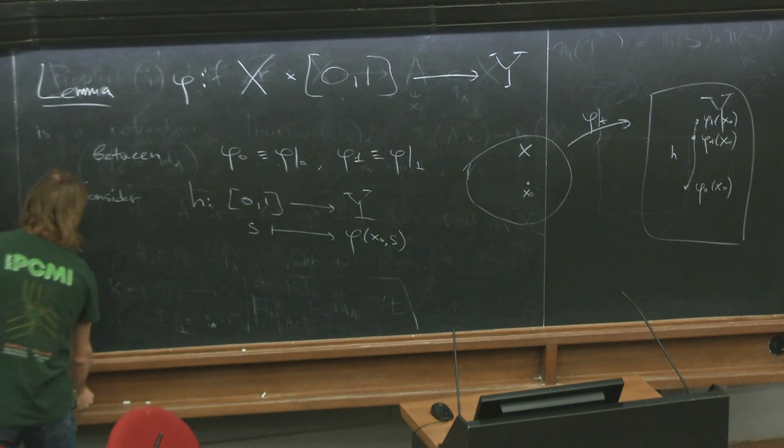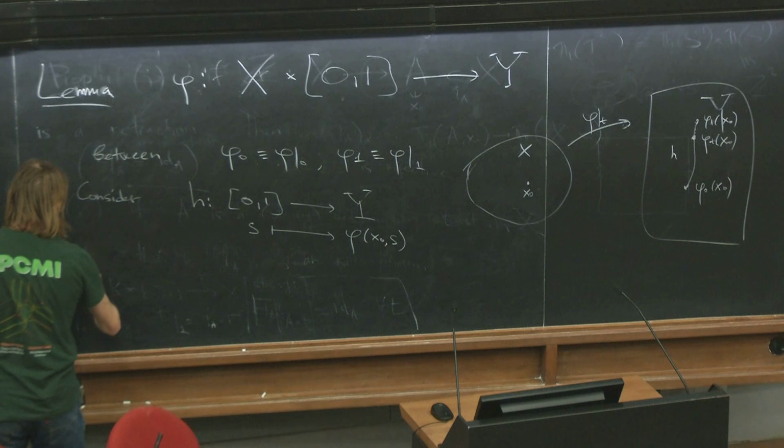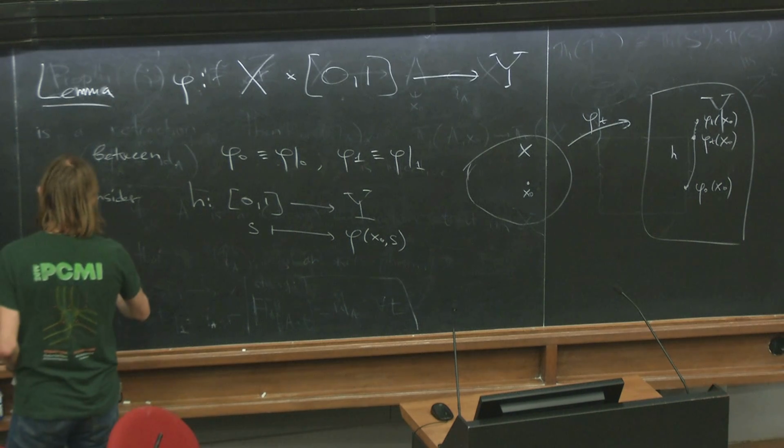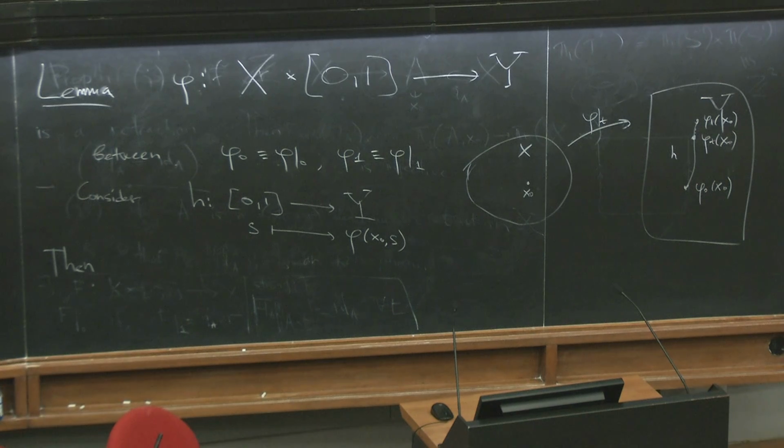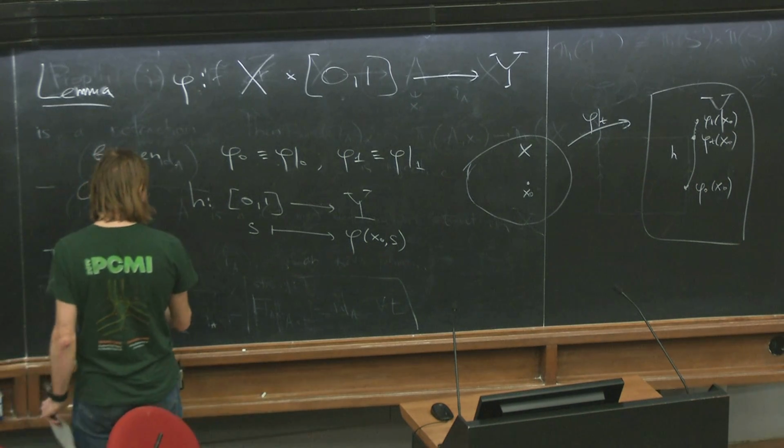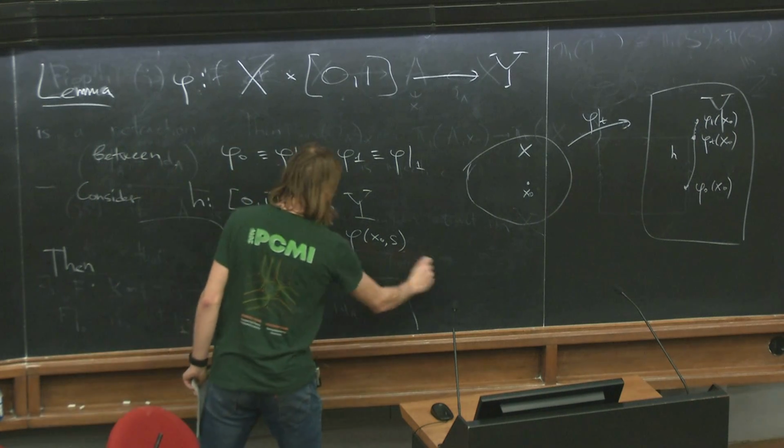Okay, this was the assumptions of the lemma, and then the statement is that the following diagram is commutative.